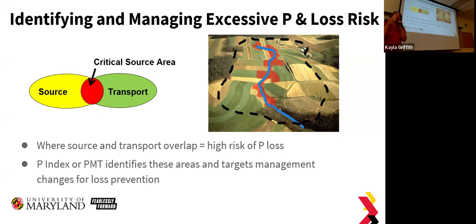That's where there is a high risk of phosphorus loss. It's a risky area, all right? And then once we identify those areas, how do we target management changes to those specific areas to prevent loss or mitigate losses, all right? So that's the background of a p-index right there.